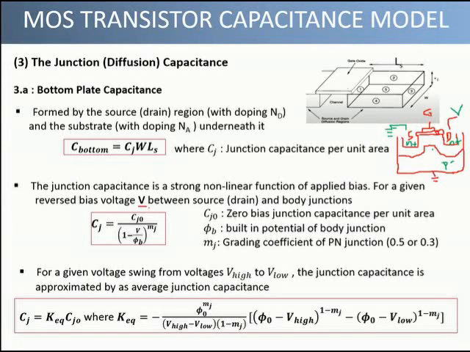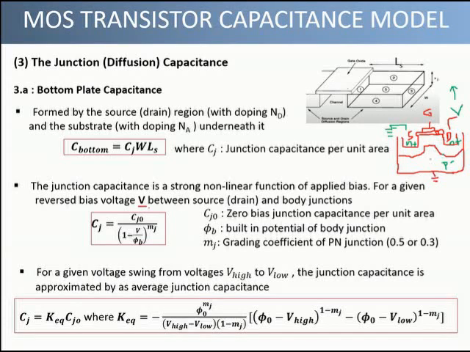Let's suppose we have an NMOS transistor and we connect its body terminal to the ground and its source terminal is also connected to the ground, and we have a positive constant potential V applied across the drain. So the magnitude of reverse biased voltage between body and drain is equal to V. Now if we go on increasing the value of V toward the positive side, the width of this diffusion region will increase.